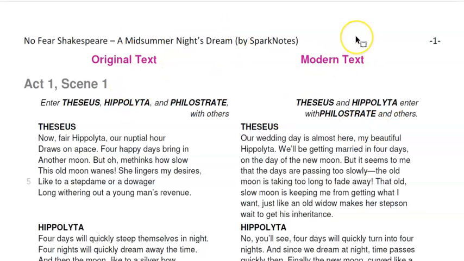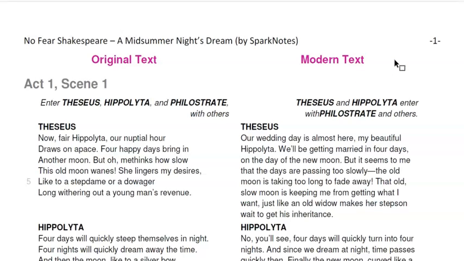It doesn't matter which order you read them in, but I would suggest that you read both versions. The original text, so that you can get used to reading Shakespeare and learn how to mentally translate his language and understand it. The modern text, so that if you struggle with understanding Shakespeare's language, you can understand what's going on in the story.